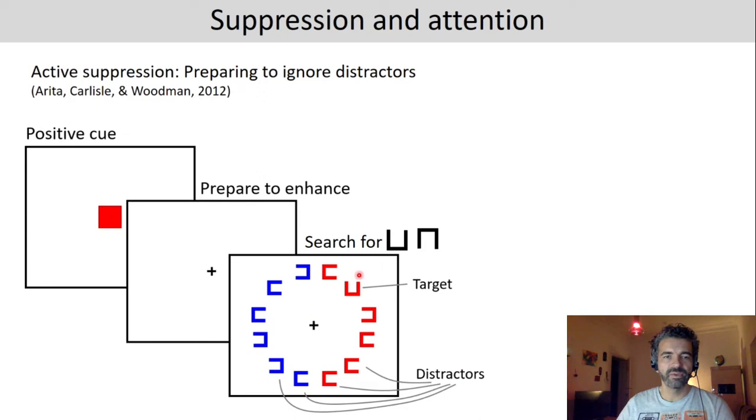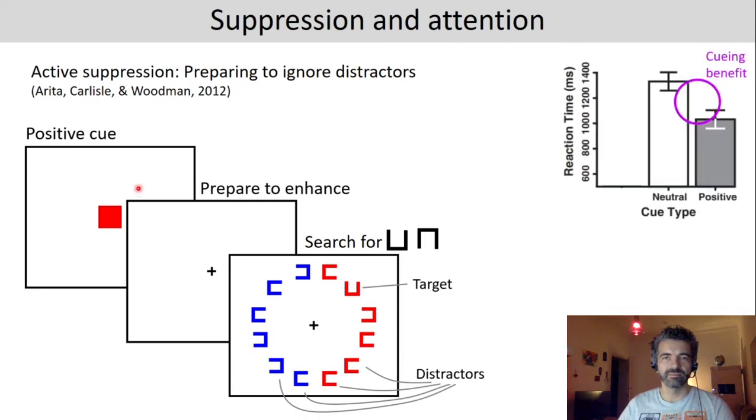Now, prior to the onset of that visual search display, there was an aid provided to the participants, namely a positive cue. So this cue here would indicate in which color the upcoming target will be. So as you can see, the target here is red, and this cue would indicate which color to attend. So this would help participants to focus on anything red and not even attend blue items altogether. And then what you can see is this benefit here.